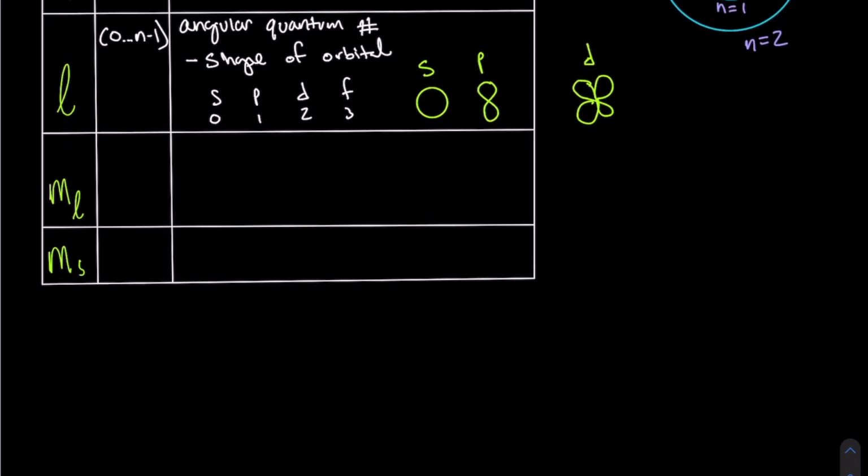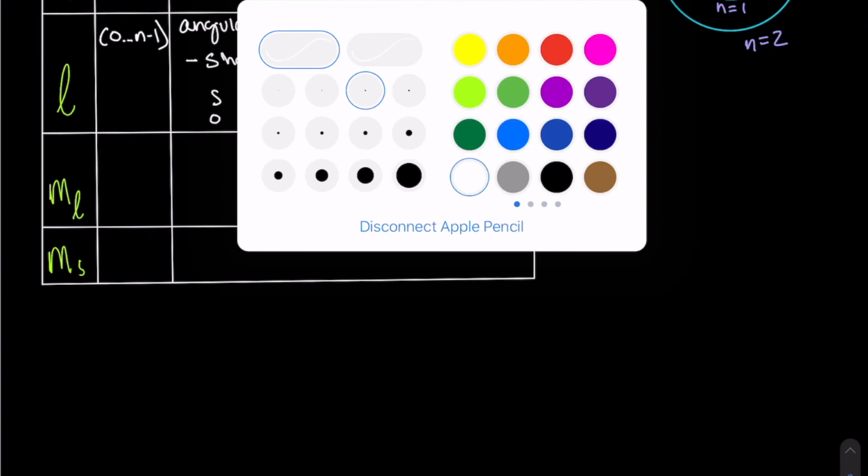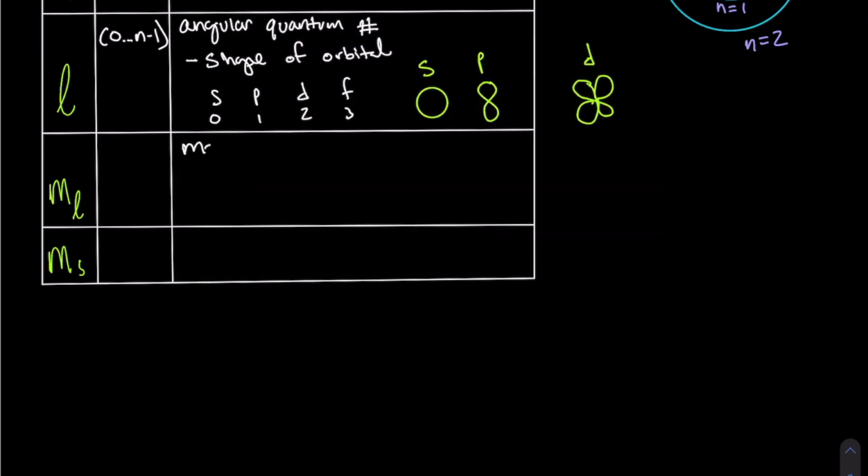Moving on to M sub L, that's going to be your magnetic quantum number. This describes the orientation of the orbital.